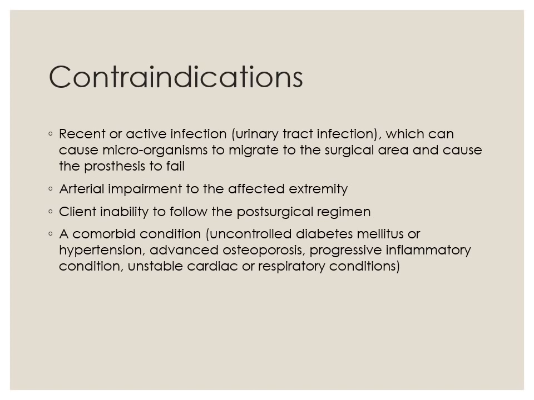Other contraindications are the client's inability to follow post-surgical regimens and a comorbid condition such as uncontrolled diabetes or hypertension, advanced osteoporosis, progressive inflammatory conditions, unstable cardiac or respiratory conditions. These are all going to make the healing process harder, and sometimes even keep the artificial joint from doing what it's supposed to do.